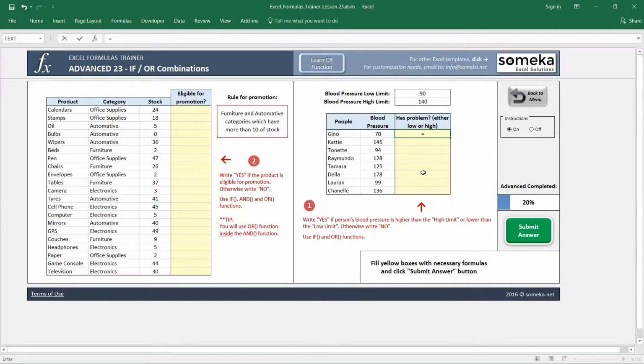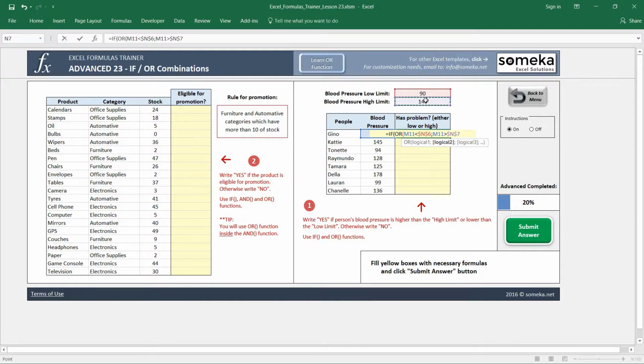I'm writing my IF function, and I'm going to make a logical test with the OR function in it. I want to check if this value is lower than the low limit of blood pressure, or this value is higher than the high limit of blood pressure.